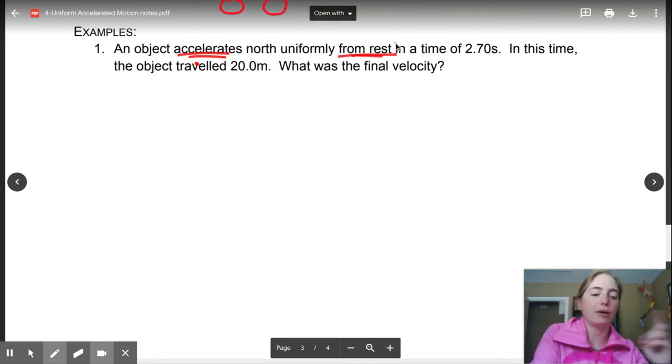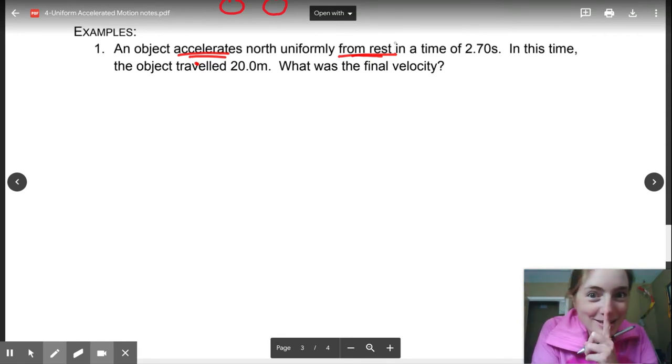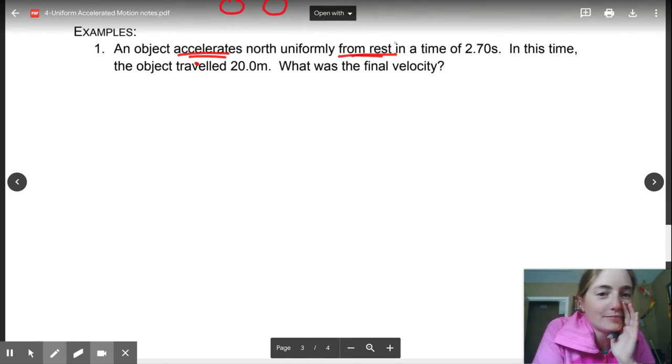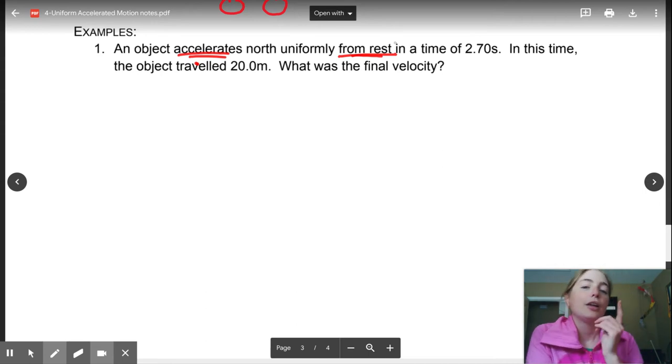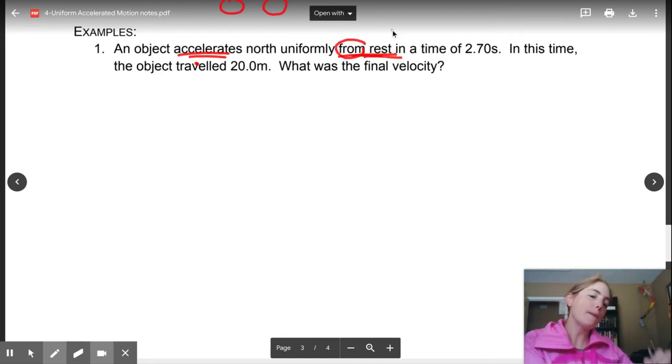Pause for a sec. Rest. What does that mean? We use this a ton in physics, by the way. It means stop. It means you're not moving. From rest means we are starting at rest.